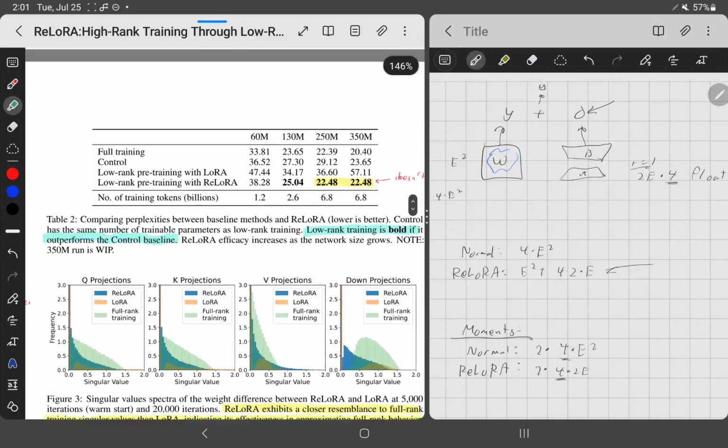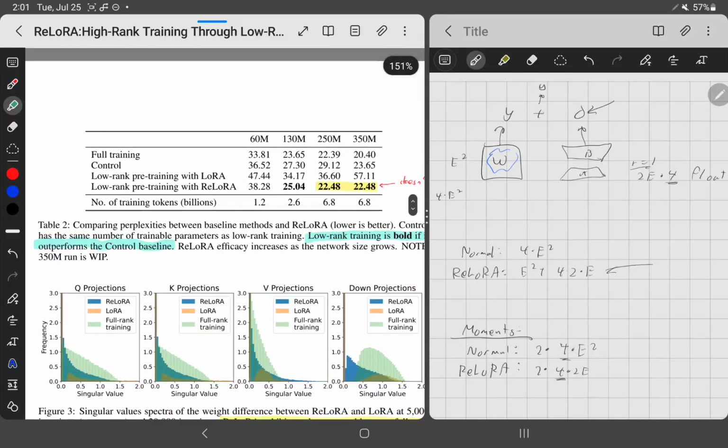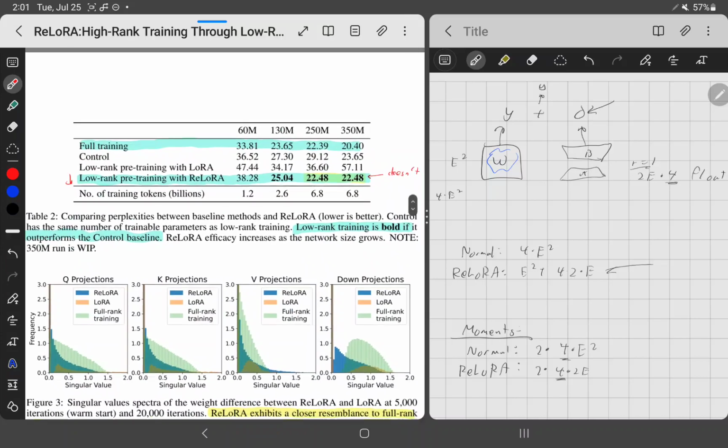So you can see that compared to the control baseline, ReLoRA does a lot better than LoRA in general. So it's a plus, but it doesn't do as well as full rank training right here. Lower is better because this is perplexity.